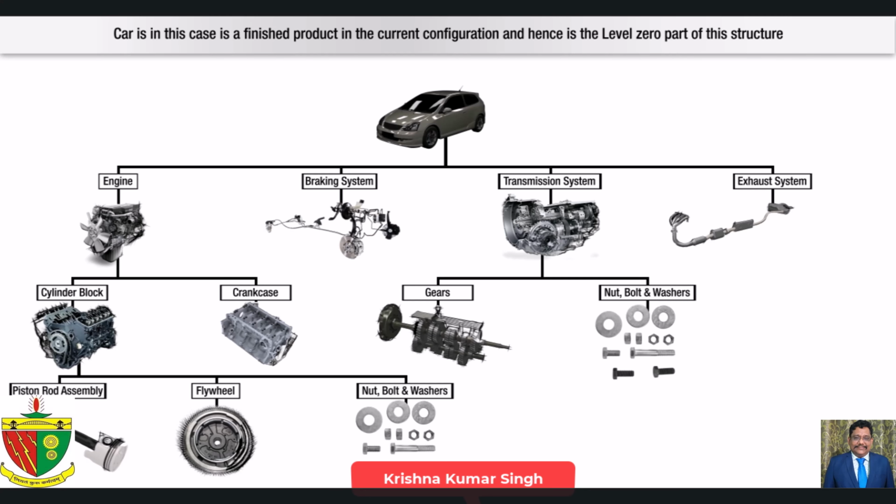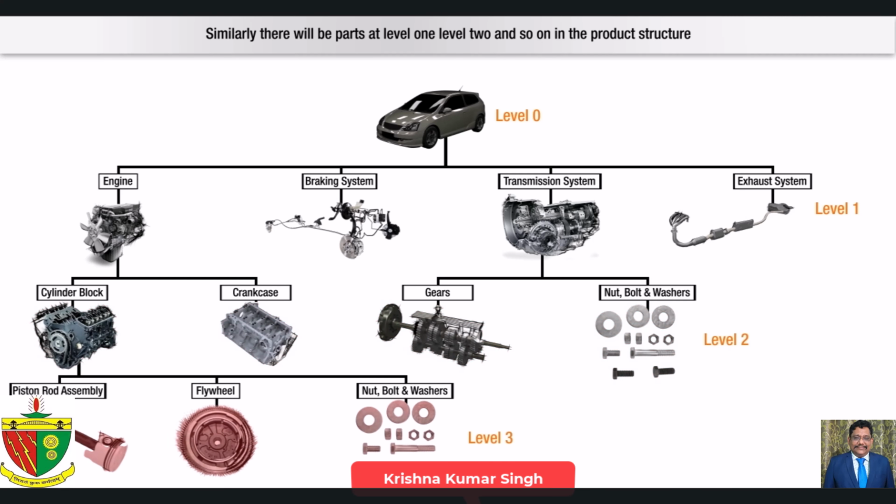Car is, in this case, a finished product in the current configuration and hence the level 0 part of this structure. Similarly, there will be parts at level 1, level 2 and so on in the product structure. With this, we now learned briefly about levels of bill of material.